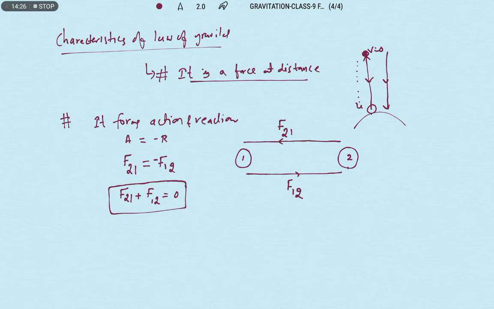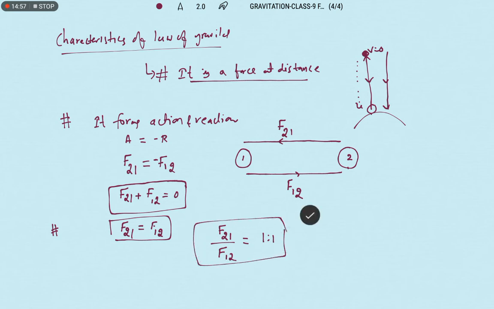And one more important point: the magnitude of force of attraction acting on the first body due to the second one, and in the same way due to the first one, is also the same. Therefore, the ratio between the force acting on the second body due to the first one and the force acting on the first body due to the second one is 1 is to 1.